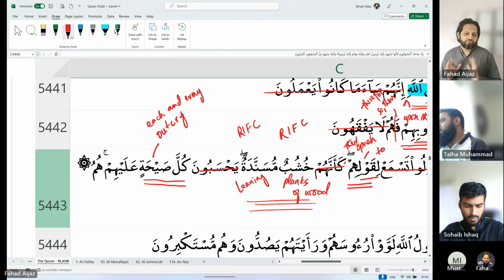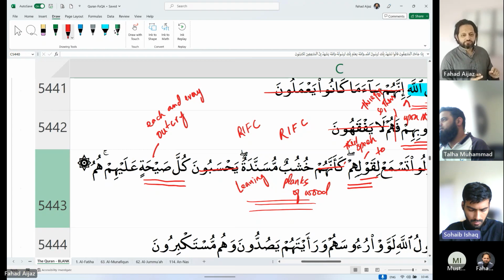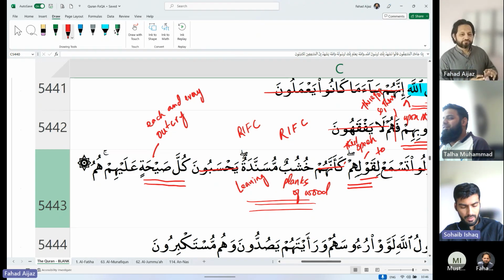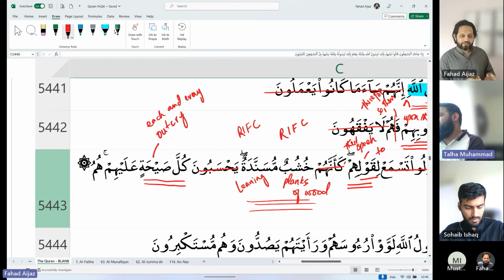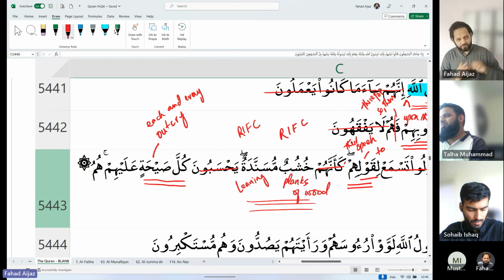And after harf of jar, you will have a pronoun in nasab or jar. Harf of jar, and then the pronoun should be in the jar form after the harf. That's what I'm trying to correct. So after harf of jar, it's going to be jar. So him can be in nasab or jar, both, because that's how the attached form looks.